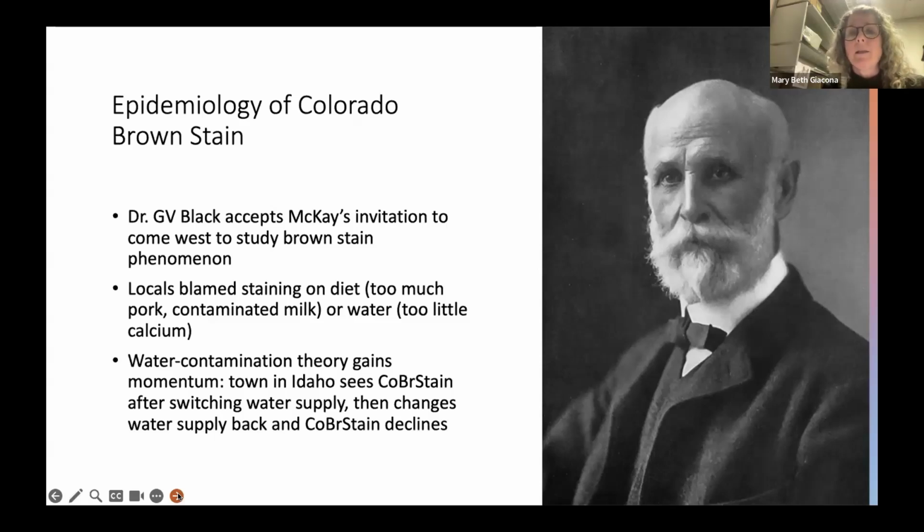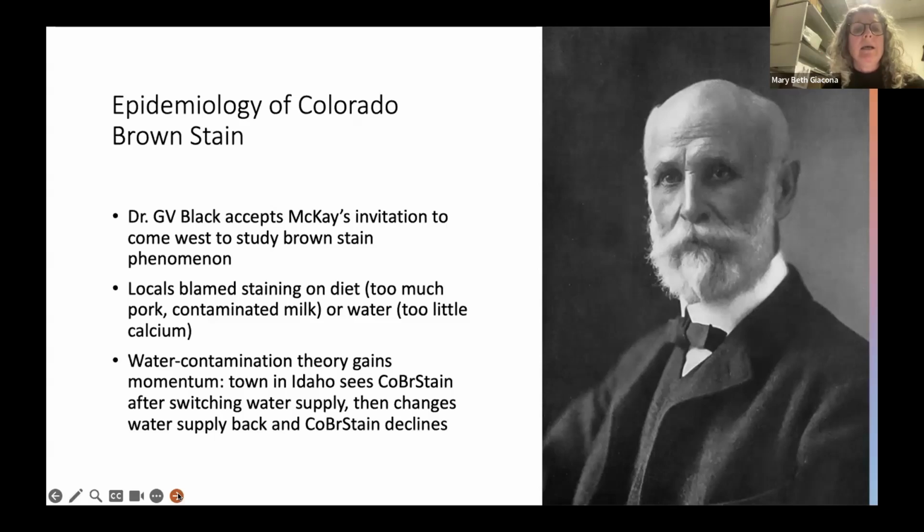What the locals in Colorado Springs were blaming the staining on was a variety of different things, from eating too much pork to drinking contaminated milk, and thinking that the water was possibly contaminated with something, or that there was maybe too little calcium ion in the water. But that water contamination theory really stuck with people.